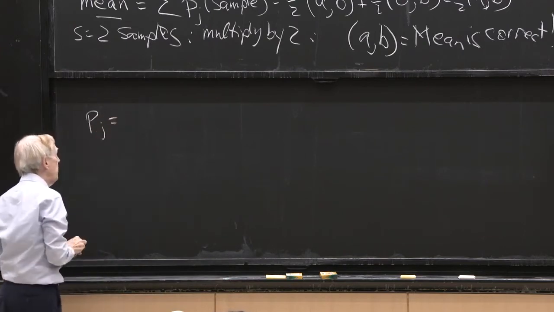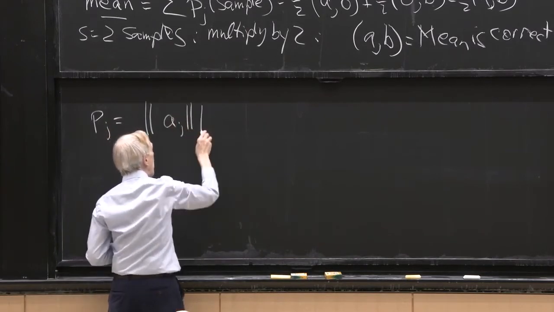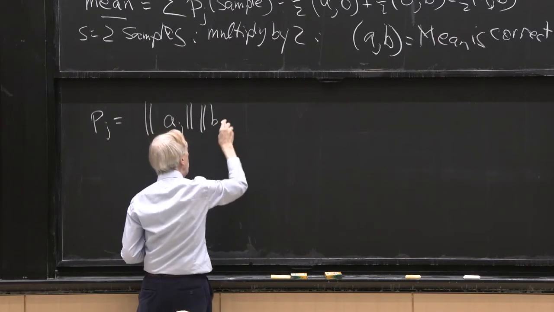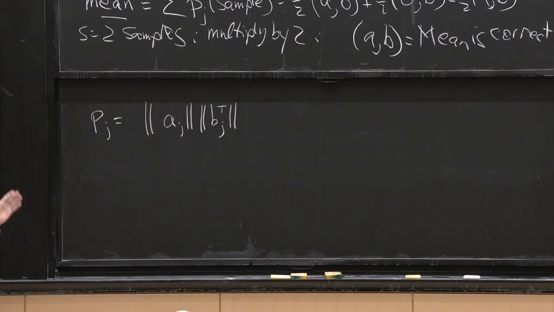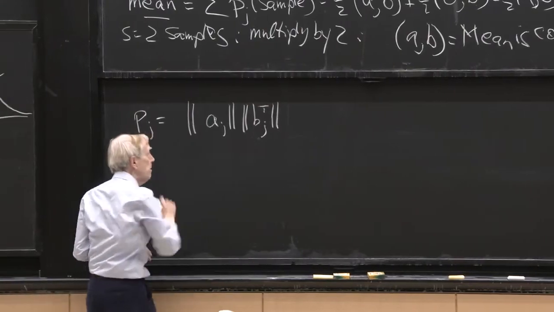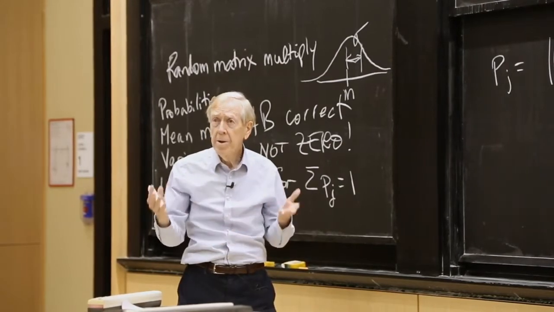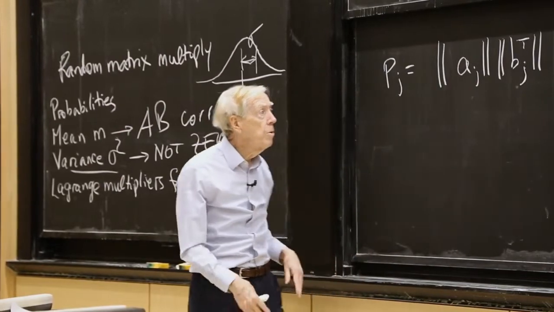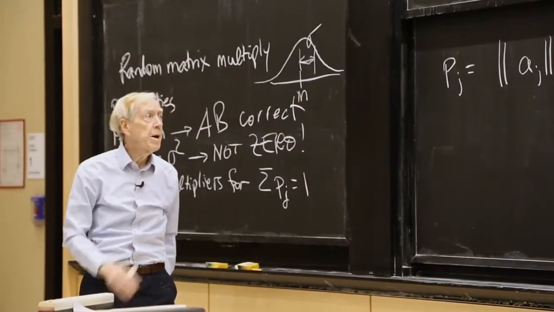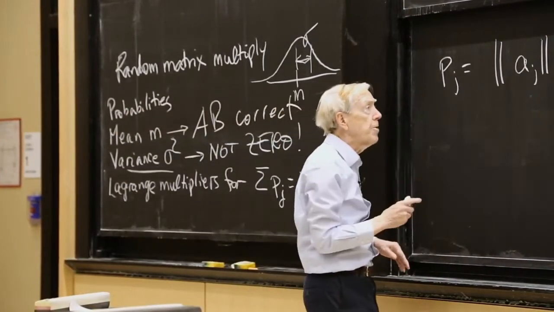Pj is going to be the length of that column times the length of that row. If I was multiplying A by A transpose, then I really would be squaring. So I'm going to use the word norm squared or length squared also here, where I'm not assuming that B is A transpose. So the probabilities will be proportional to that.